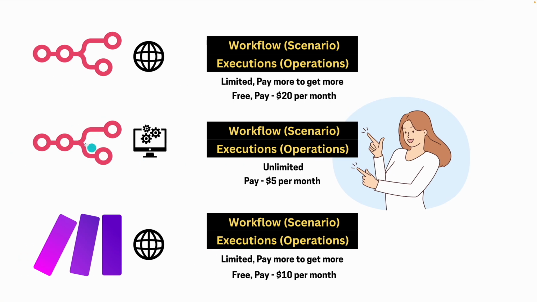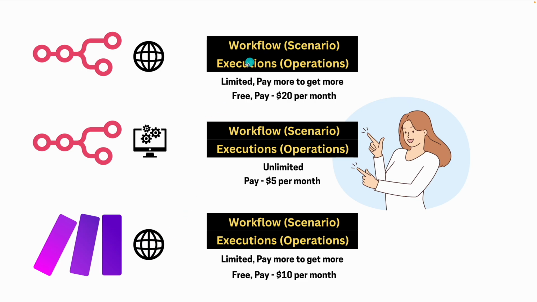But when we talk about N8N, they also have one way to install N8N locally on your system or on your server. That facility it also has. So we have a web version of N8N, a local and self-installed version of N8N, and the Make web version is also available for you.